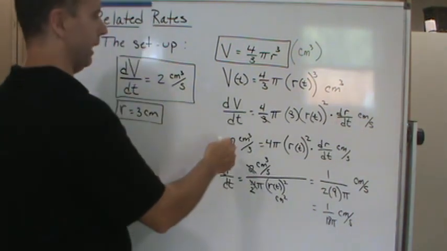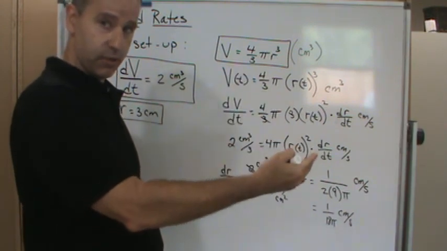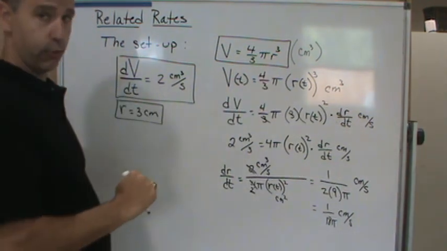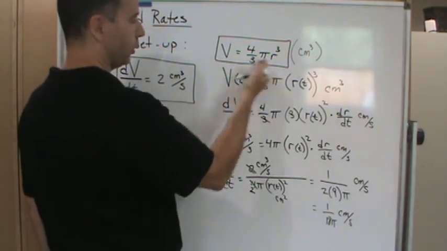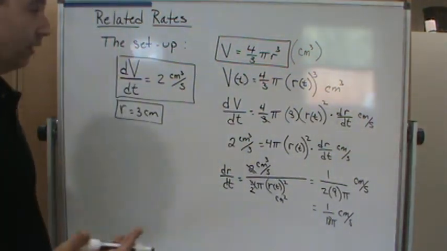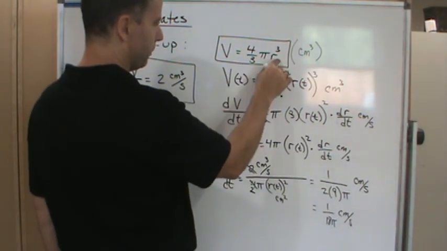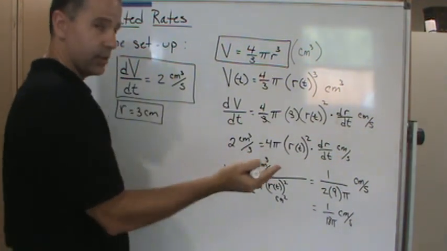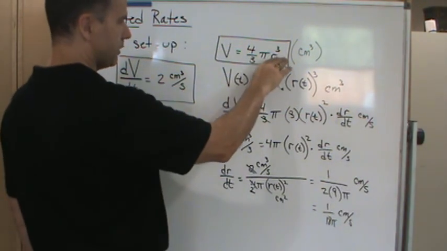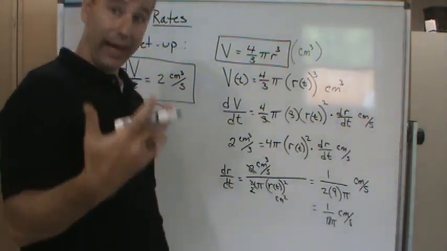Just like in this example, we're interested in how the change in radius and the change in volume are related, so they have to be related with regard to another formula. In this case, we're talking about a spherical balloon, so the volume formula for a sphere is critical to that. So now we know there's a relationship between radius and volume when you're talking about a sphere. And then we took the derivative of this equation to get another equation that related the rates.